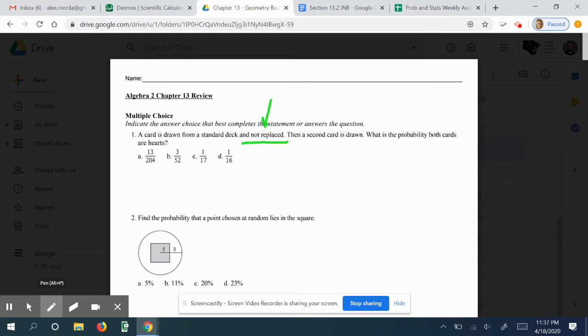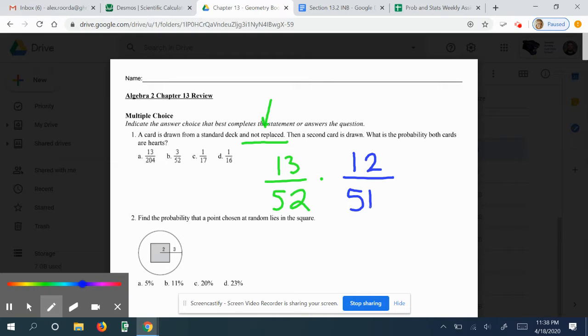So if we think of it, if we want a heart, there are generally 13 hearts in a deck of 52 cards. But assuming that we take one heart out, there would now be 12 of them and only 51 total cards, right? So if we wanted to figure out this probability, I would multiply those.